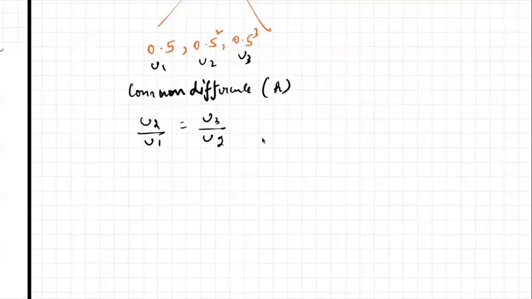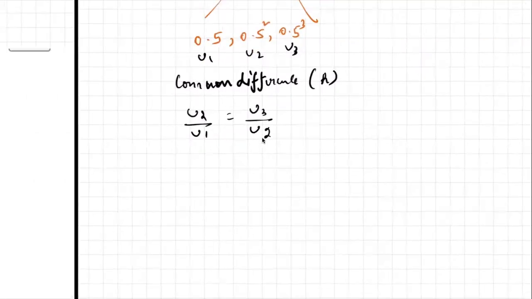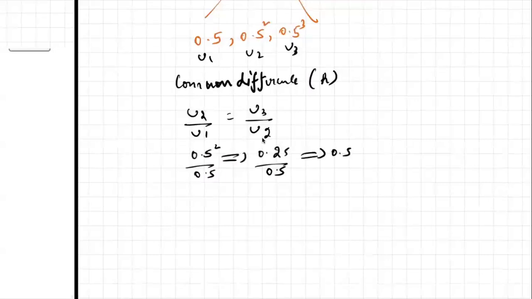Here u2 would be 0.5 squared by 0.5, which is 0.25 by 0.5, which is 0.5. And u3 by u2 would be 0.5 cubed, which is 0.125, over 0.25, because u2 is 0.5 squared, and this would ultimately also be 0.5.